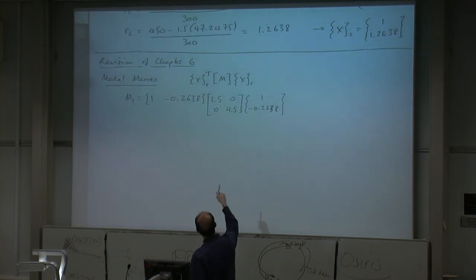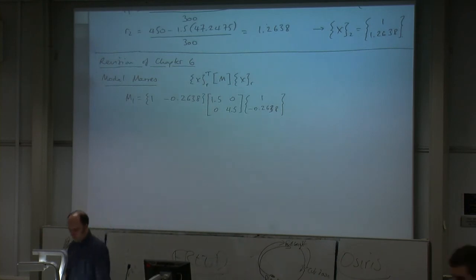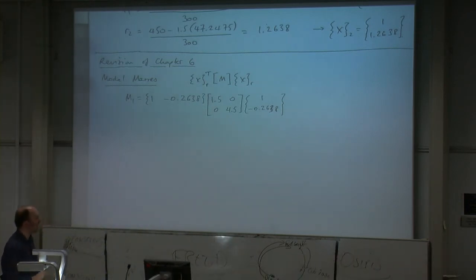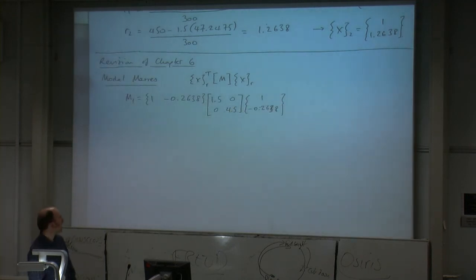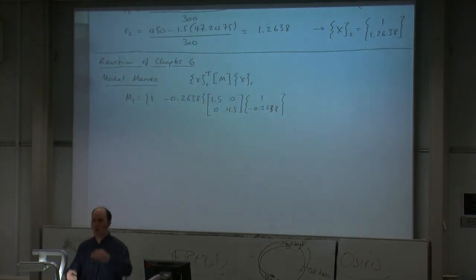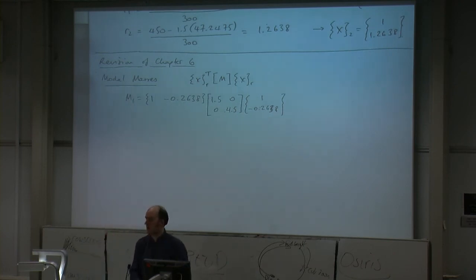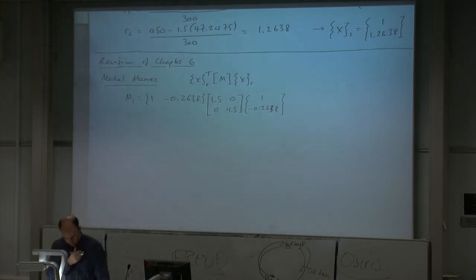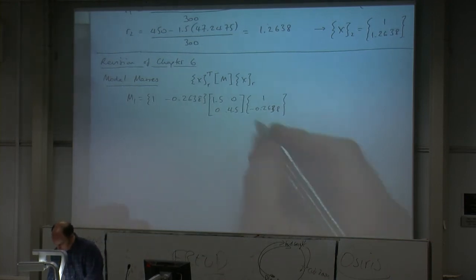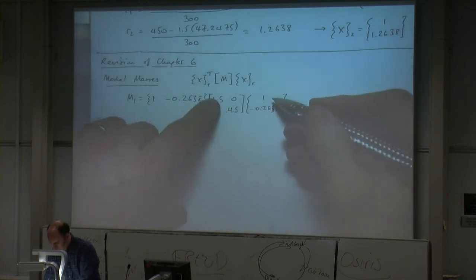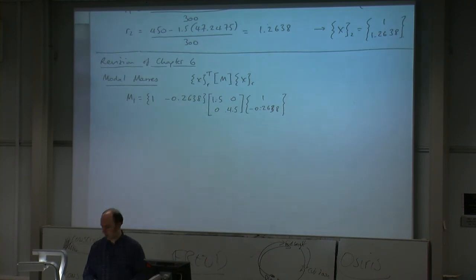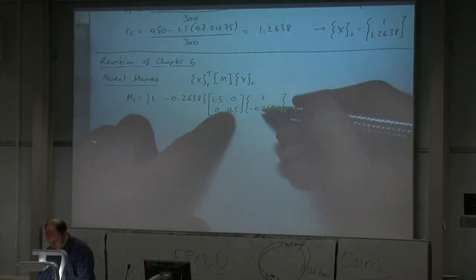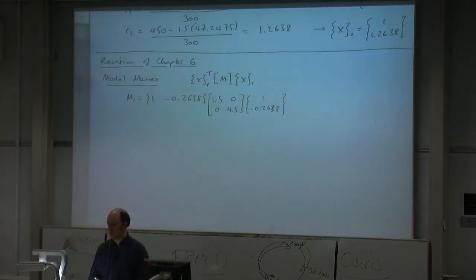Now when you've got these three, the two vectors and the matrix, to multiply together, it's much easier to multiply the last two together first, and then you have a row vector multiplied by a column vector, which is possible, and you can get a value for that. So to do these two first, it's 1.5 times 1 plus 0 times minus 0.2638, and it's 0 times 1, and then 4.5 times minus 0.2638.